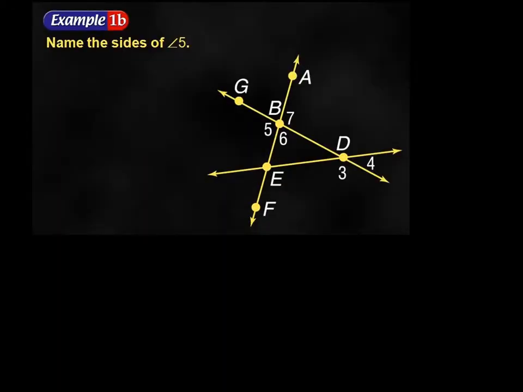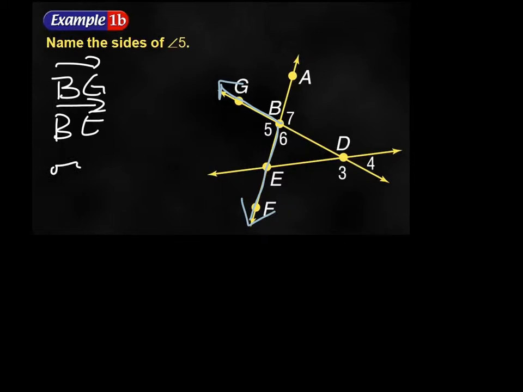Name the sides of angle 5. Okay, angle 5 has that vertex at B. There are the sides. So we would call that ray BG and ray BE, or we could call it BF. It doesn't matter.